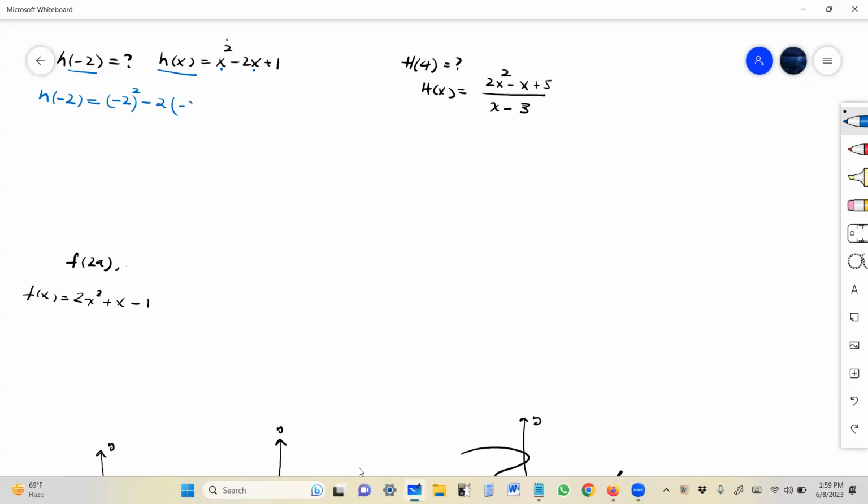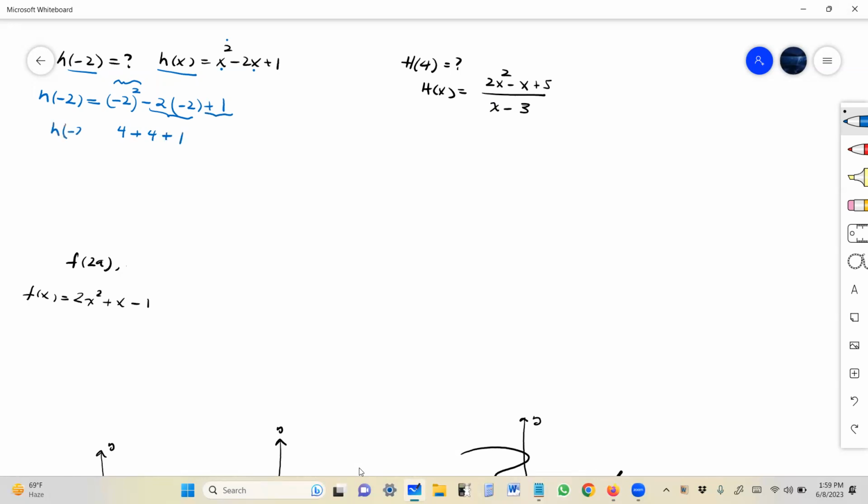And at this point, after I make the substitution, all I have to do is evaluate according to PEMDAS. So we have to do this first. So negative 2 squared, which is negative 2 times negative 2, is 4. These two multiplication, negative 2 times negative 2 is also positive 4. And then I write the positive 1.